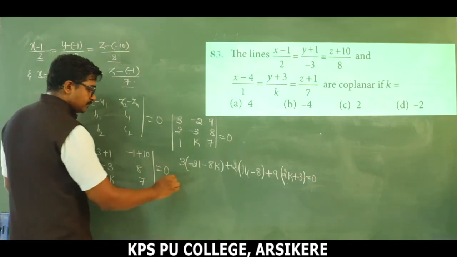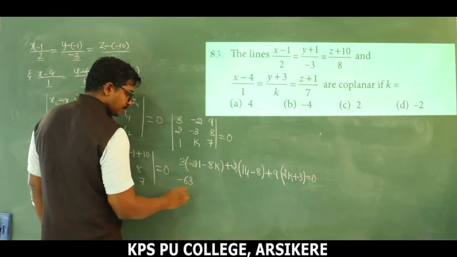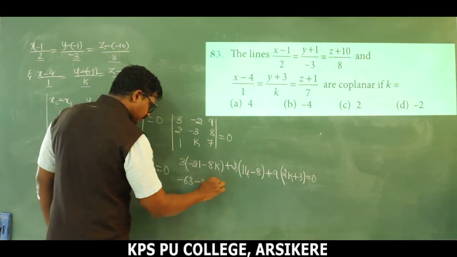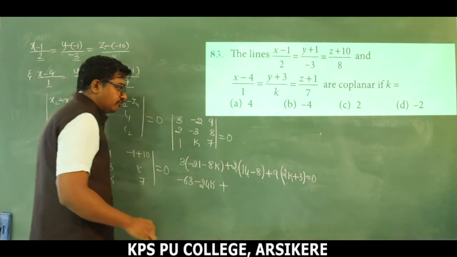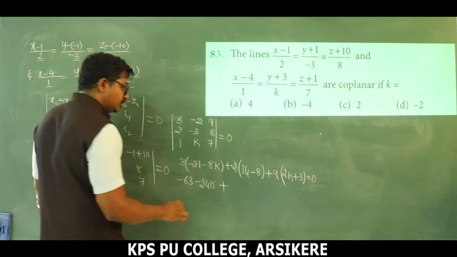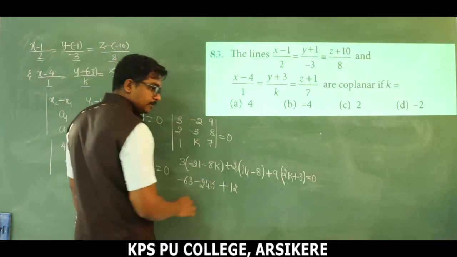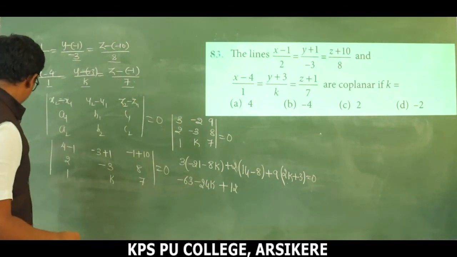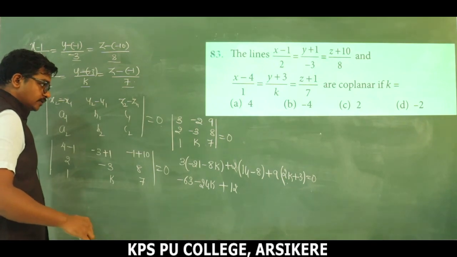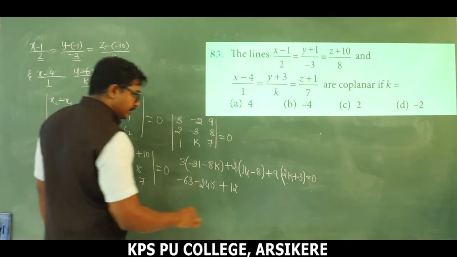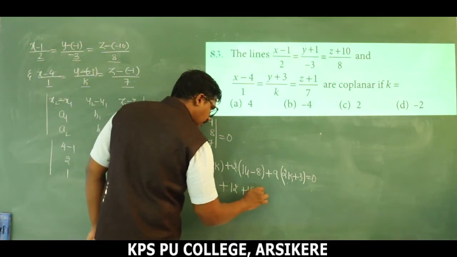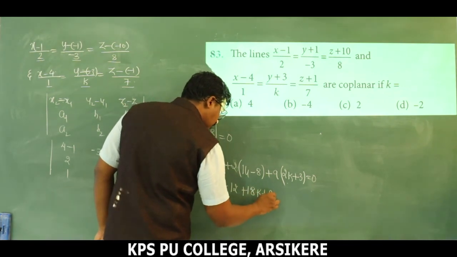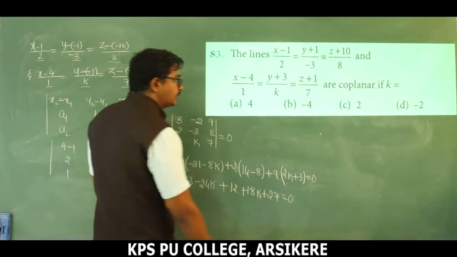Now this is minus 63 minus 24k plus 14 minus 8 is 6, into 2 is 12, you get 12 there. And the next one, 6 twos are 12k plus 18 is equal to 0.